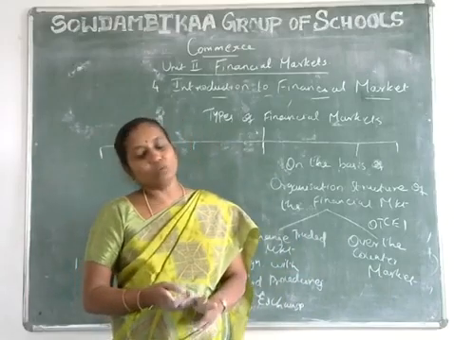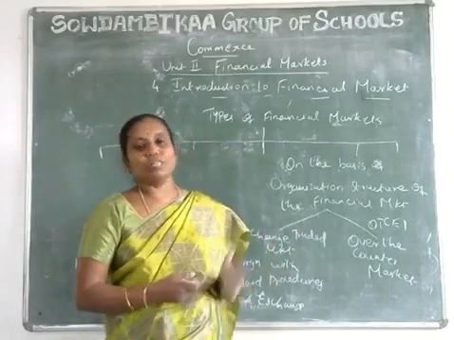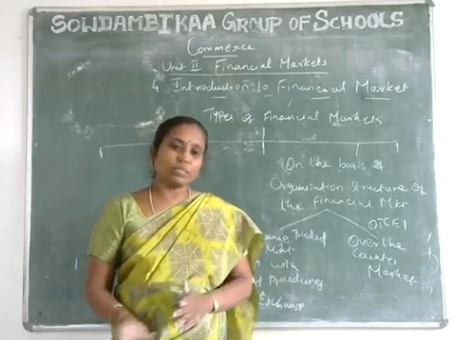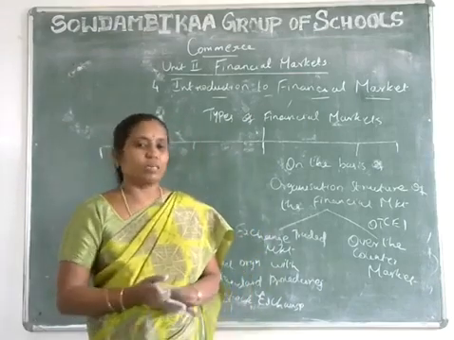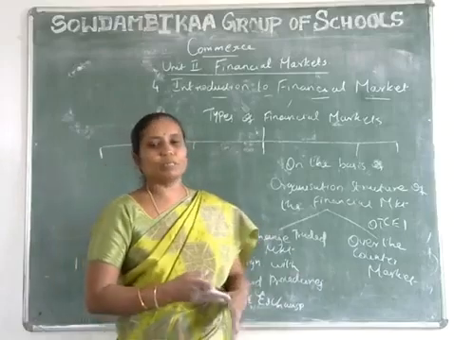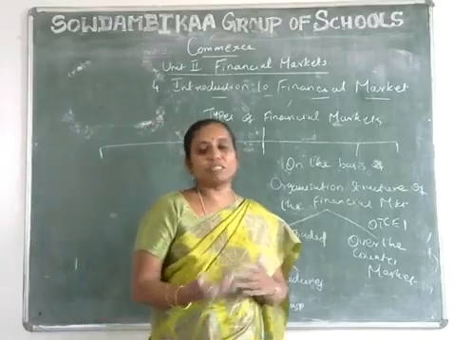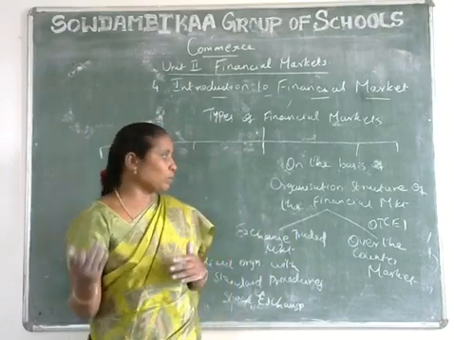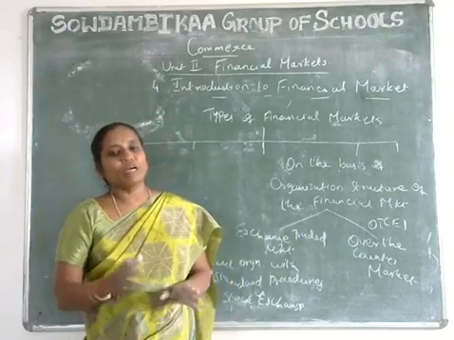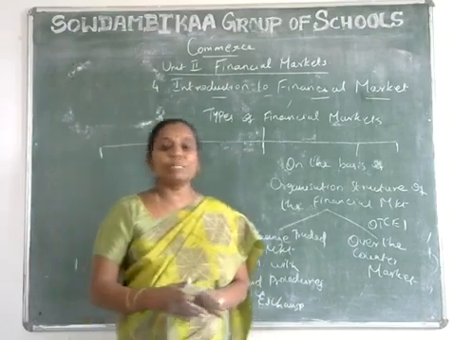You have two kinds: the cash market or spot market, and the future market or forward market. Cash or spot market means immediate settlements are made. Future or forward market means settlements are in a predetermined period.